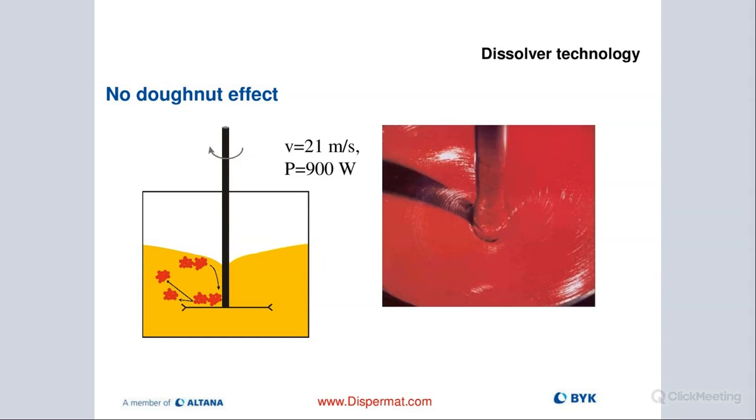So these are just some things that you can look for and try to optimize, maybe the formulation. Or again, you could play around with the blade a little bit. But when the viscosity is really high and you reduce the blade diameter, usually what happens is that the blade would just spin inside of our slurry and not really move the product.